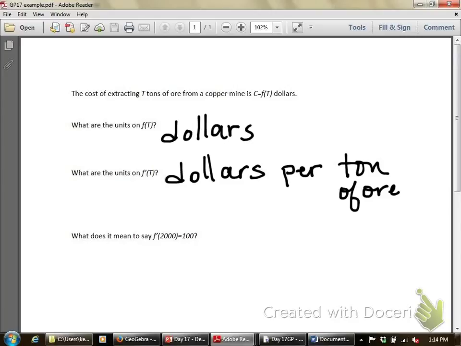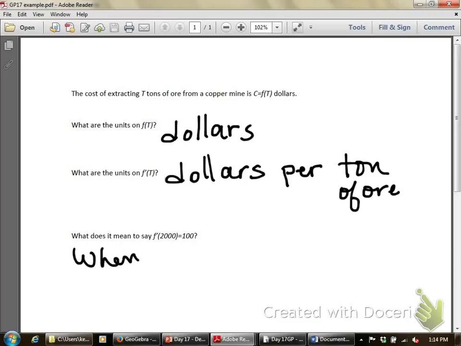Okay, dollars per ton of ore. If we change the number of tons, how does that affect the cost in dollars? So if I say that F prime of 2,000 equals 100, what does that mean? Okay, so 2,000, that's a ton amount.